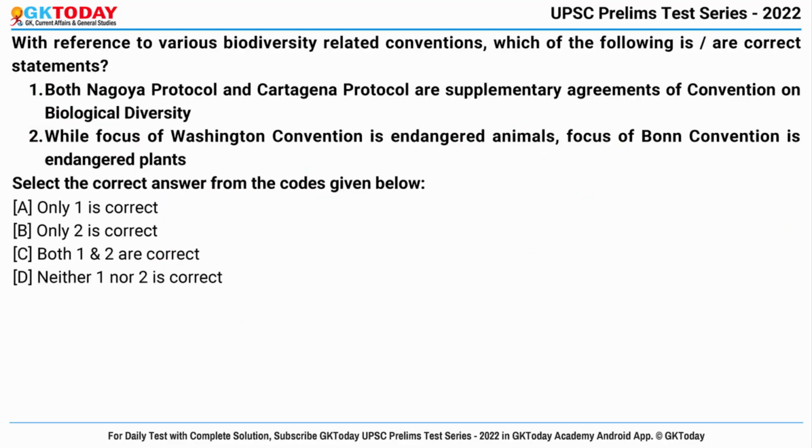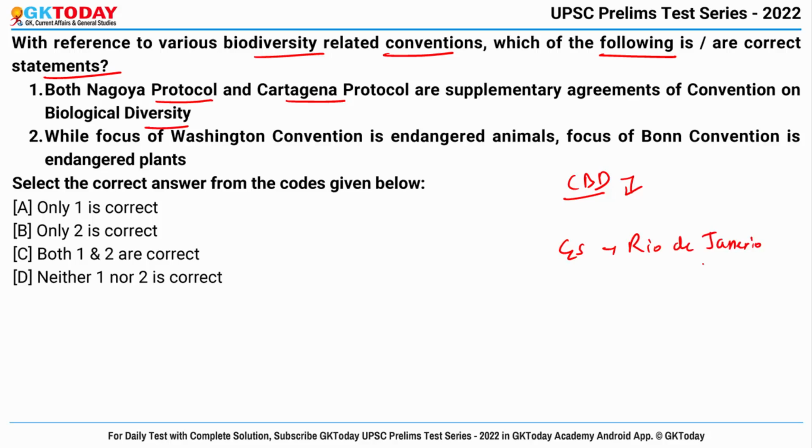Coming to the last question, with reference to various biodiversity related conventions, which of the following are correct statements? The first statement says both Nagoya Protocol and Cartagena Protocol are supplementary agreements of the Convention on Biological Diversity. First of all, talking about CBD, that is the Convention on Biological Diversity, it is a multilateral treaty that was introduced at the Earth Summit in Rio de Janeiro and entered into force in 1993.